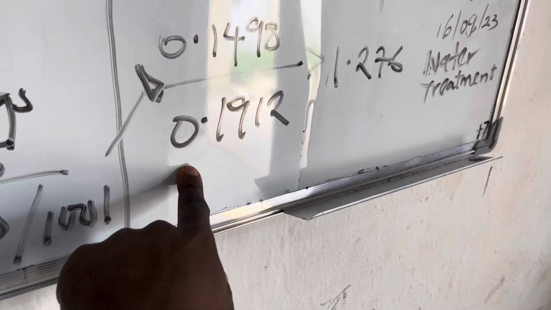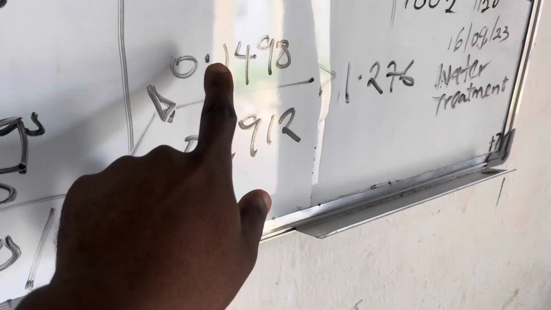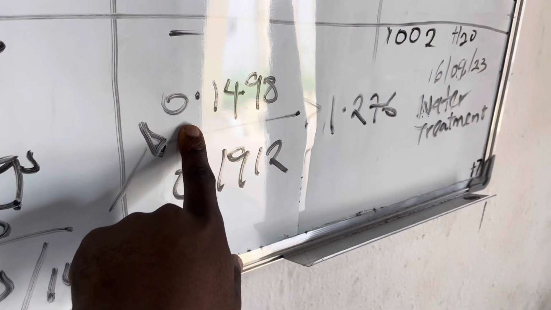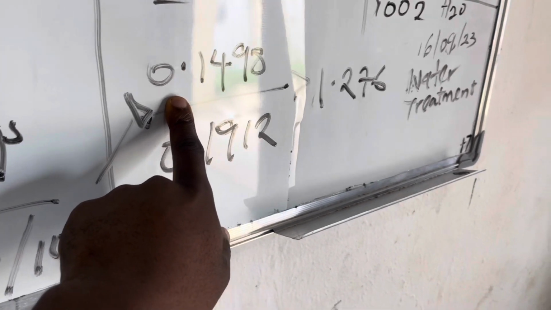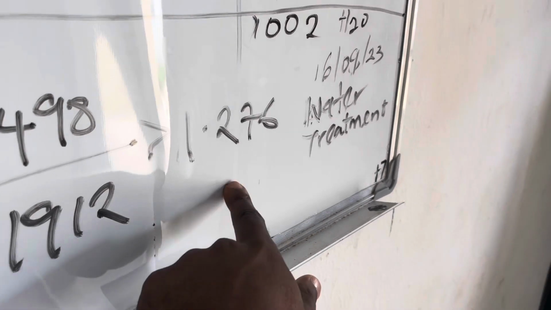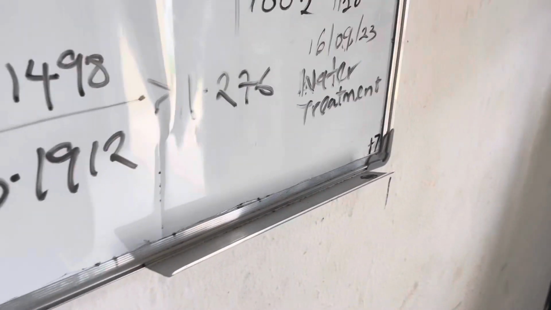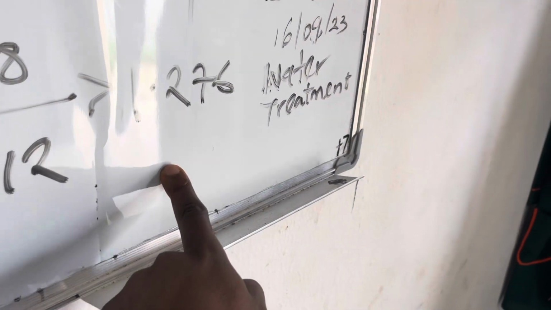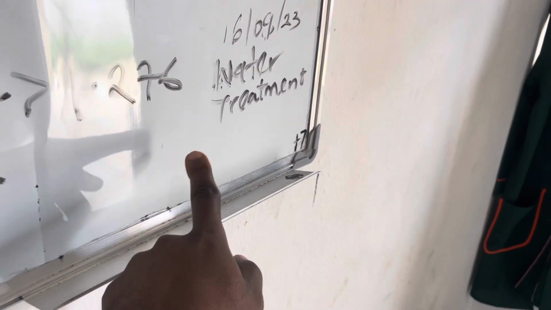You divide this average weight by the average feed consumed per bird, and that will give you a ratio of 1.276. So your feed conversion ratio is 1.276.